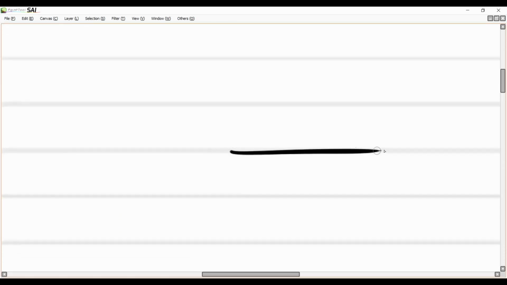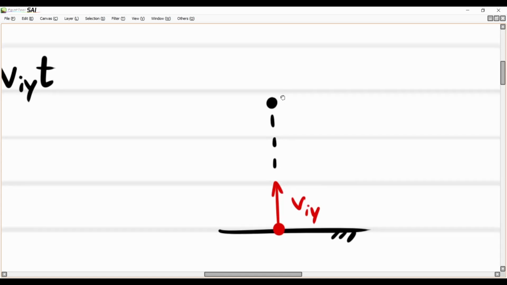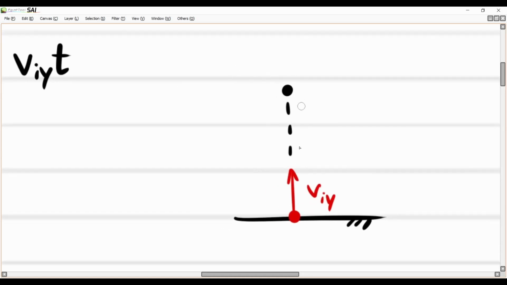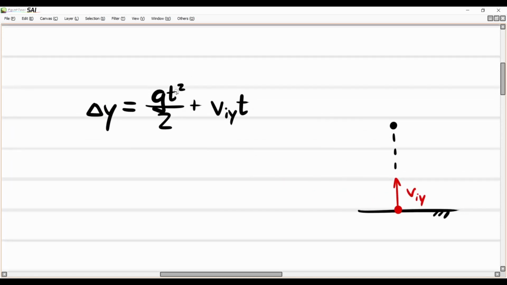When you jump, you have to somehow be moving at the start, in which case you'll have an initial vertical velocity, and then you'll go up until you reach some maximum height, and then you'll fall down again. But your velocity at the top is going to be 0, but your velocity here is going to be an initial velocity. So it's a little concerning that you didn't include that, but oh well.